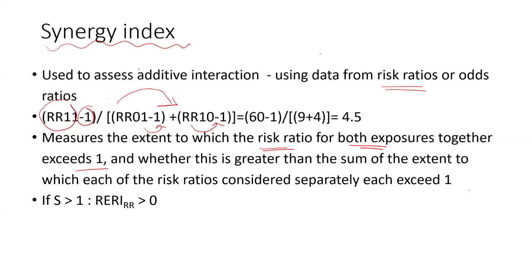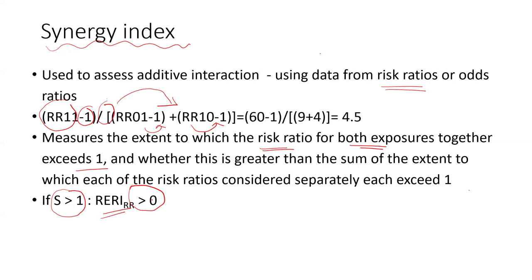So this is the synergy index. Again, it's very similar to your RARI. Instead of 0, because now it's an index and you are looking at a divisor here, it is 1. So if it is more than 1, you say that there is a supra-additive effect.